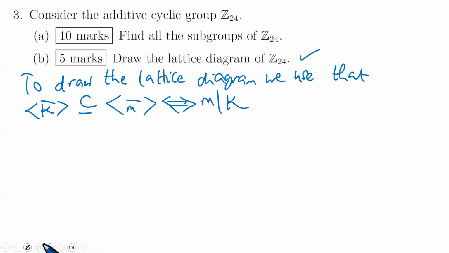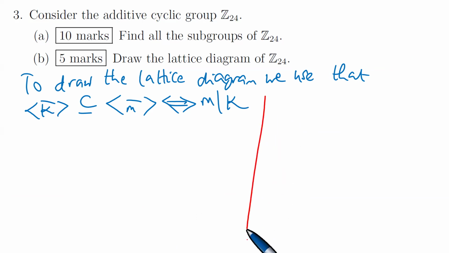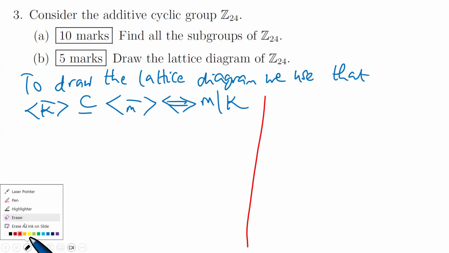Now, let's say something here. So we're going to write the following. I want to write the subgroups according to the list.